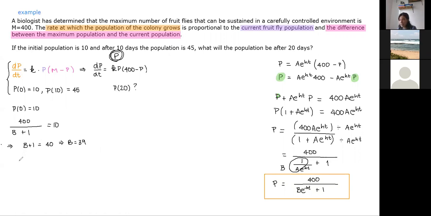All right, so this has now gotten me the value of b, which means that I know that p of t, or p, is equal to 400 over 39 e to the minus h times t plus 1.